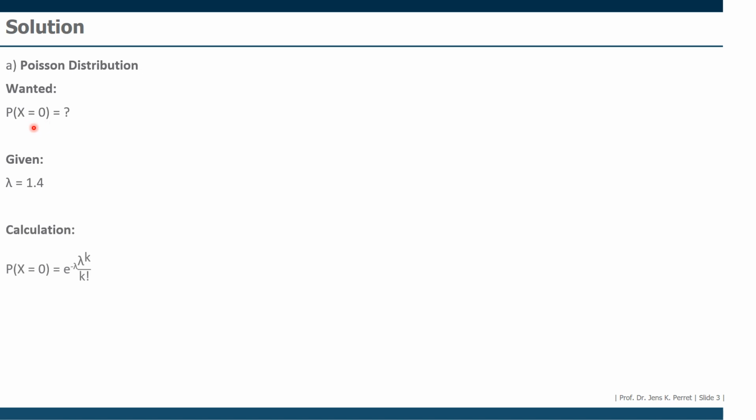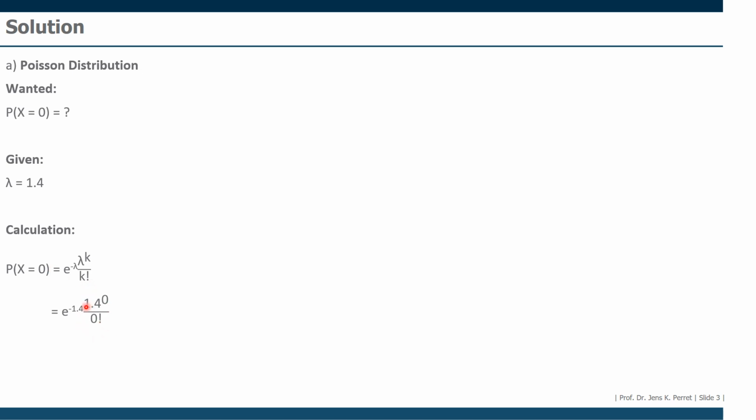Meaning I only need the formula for the Poisson distribution in the case that I calculate something for one particular case, so here for the case it's equal to 0, that's the formula I'm going to use. e being the Euler number, lambda being this parameter or the average, k being the 0, so the case I'm considering at this point. Simply plug all of these numbers into the formula, giving me this result.